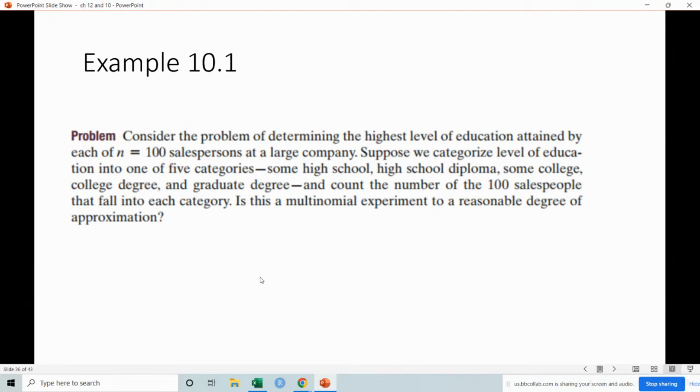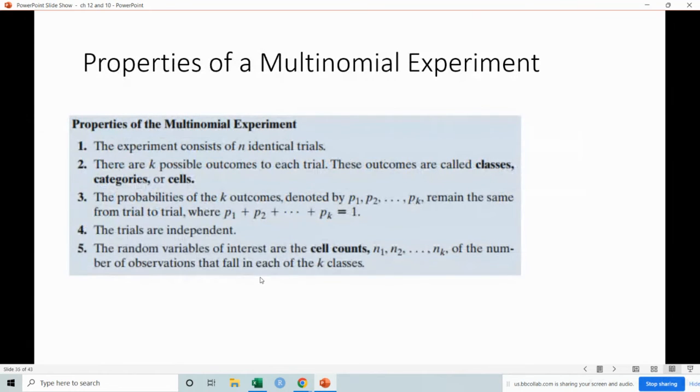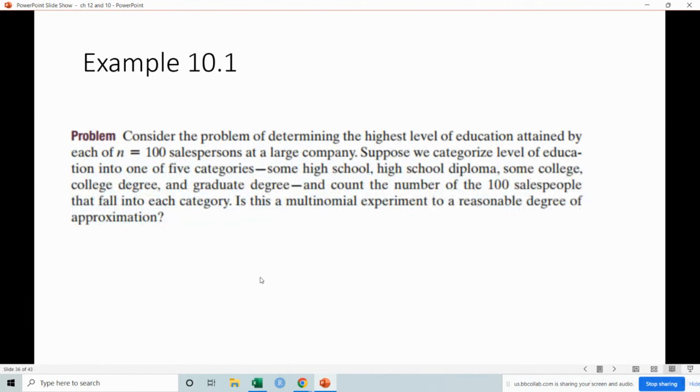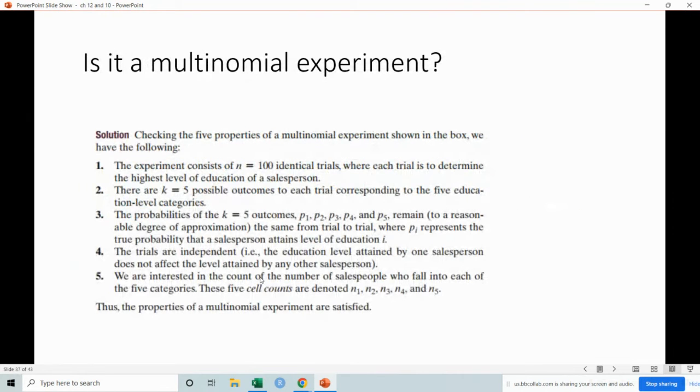Is this a multinomial experiment to a reasonable degree of approximation? To answer that question, you just need to identify that it fits into the categories 1 through 5. It's kind of just a question asking for the definition of, is it a multinomial experiment?